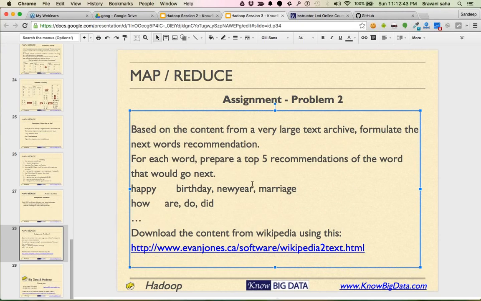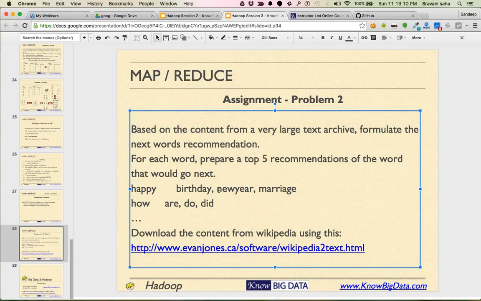For example, when you are writing a message to your friend and type happy, it automatically gives the next 5 word recommendations.